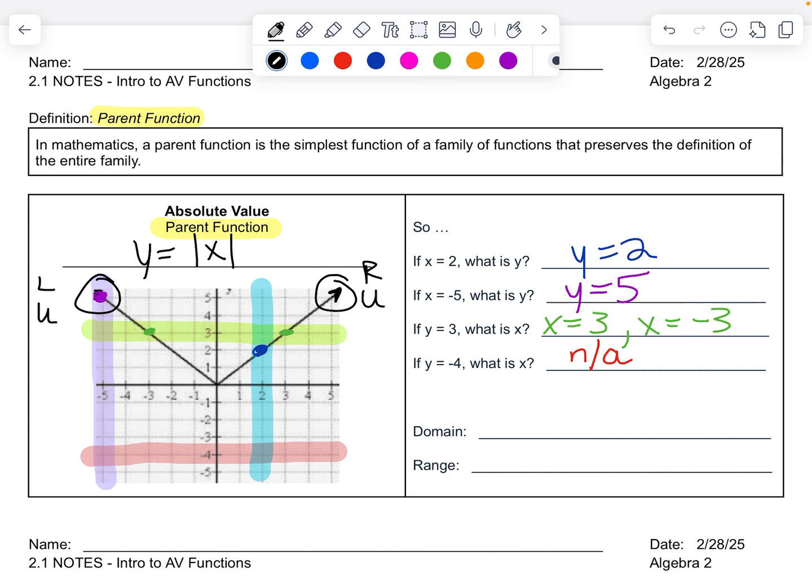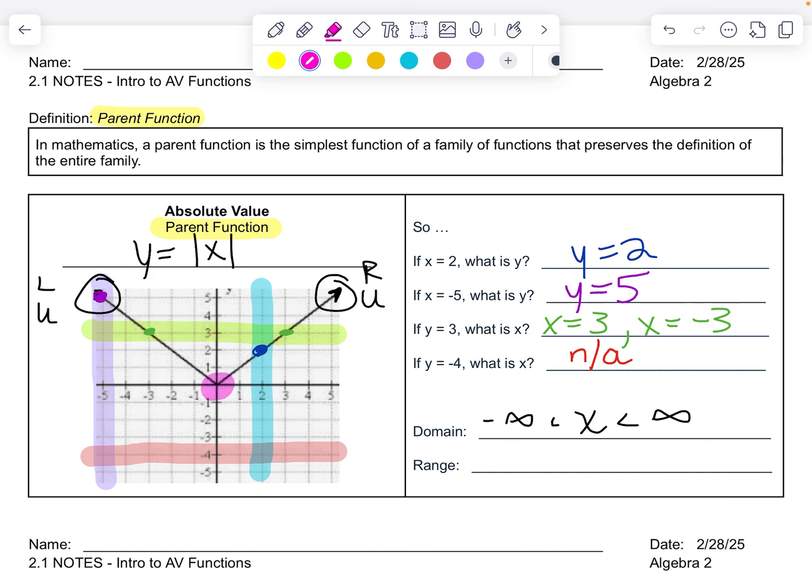Left and right is circled here with our arrows, so we know from previous examples that we're covering all of the possible x values, all the way from negative to positive infinity. What about the range? Well, it's impossible in the parent function to get any y value that's negative. So we should hopefully see that our bottom location here is right there.